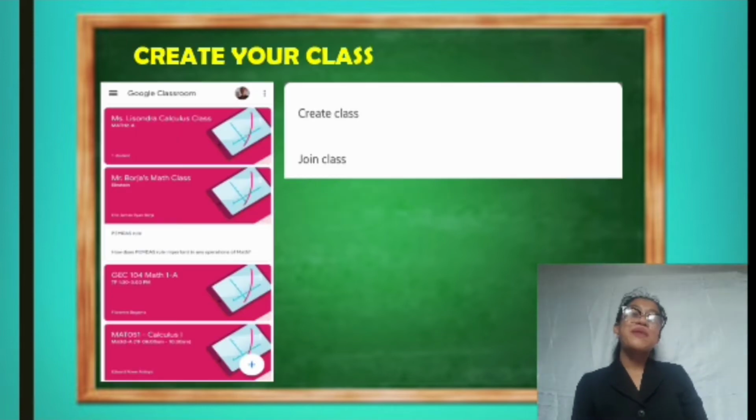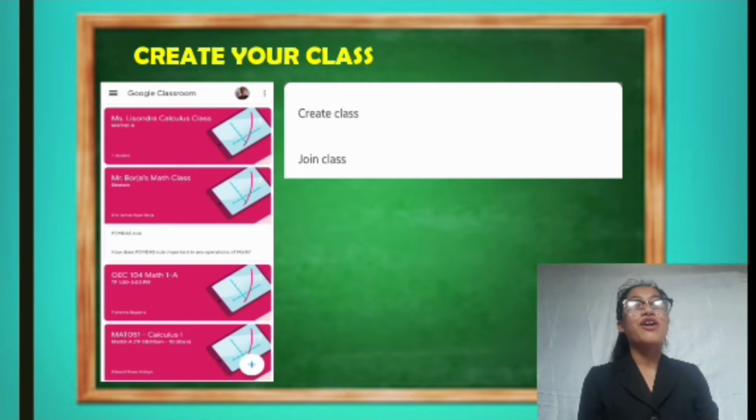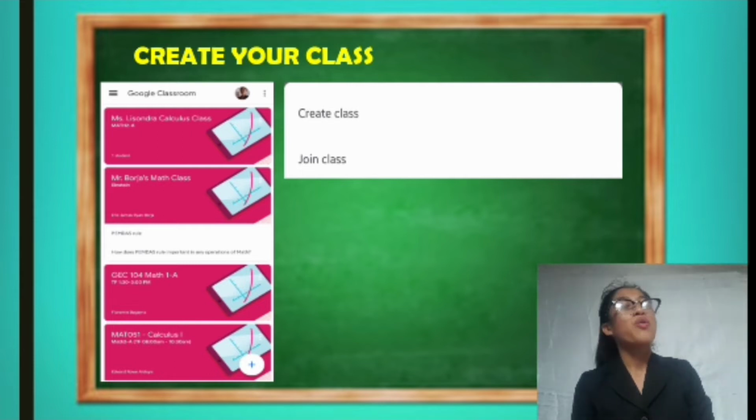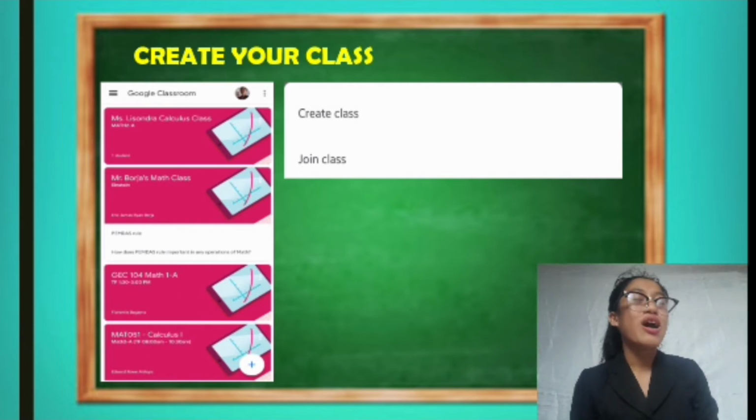The first step that you must consider in creating a Google Classroom is to create your class. In creating your class as a teacher or a future educator, it will depend on how many classes you handle. In Google Classroom, you are free to create one or more classes depending on how many classes you handle as a teacher.